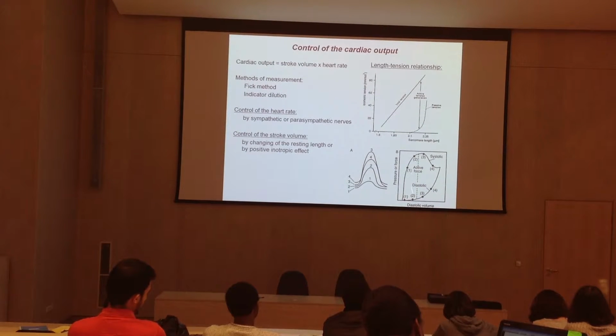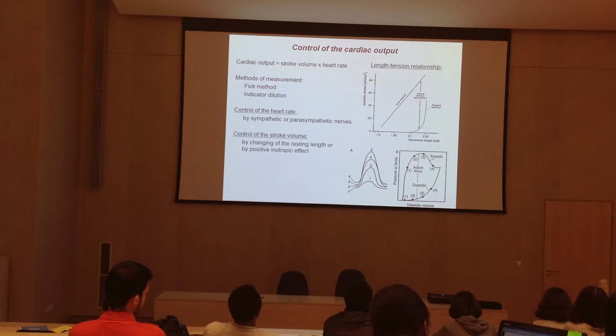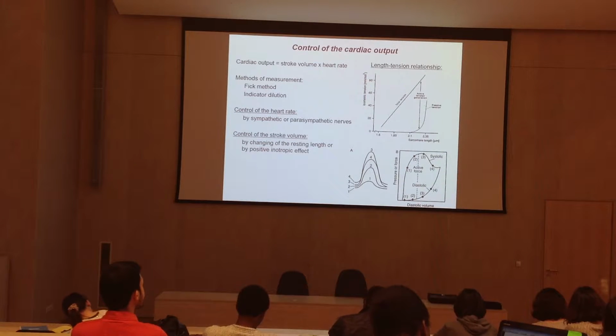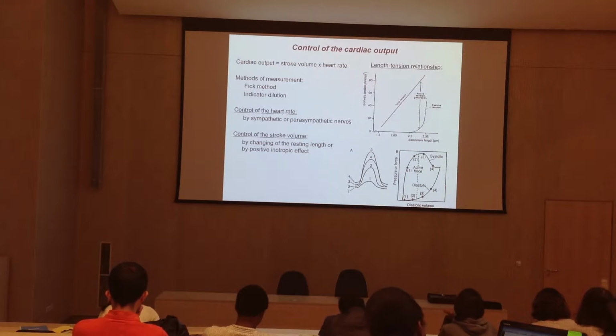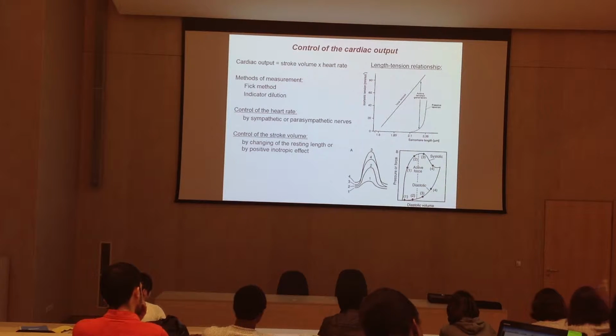Therefore, there are many possibilities to increase the contractile force by changing the resting length. Okay, this is this sentence here. How is the stroke volume controlled by changing the resting length? Because the expression is not completely right, because what is controlled here? The work of the heart, the pressure volume work.